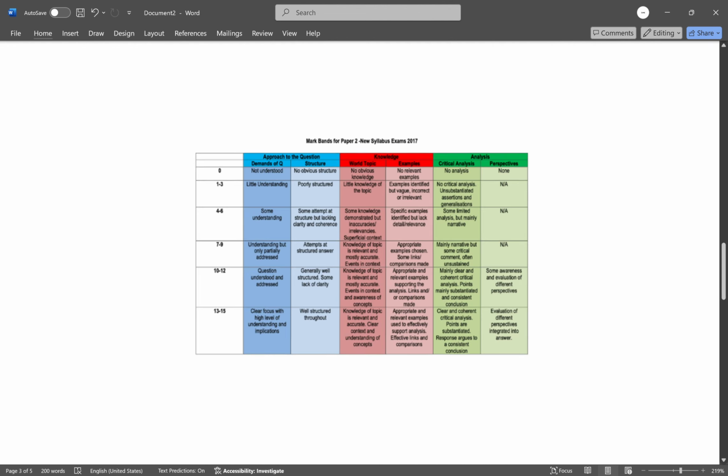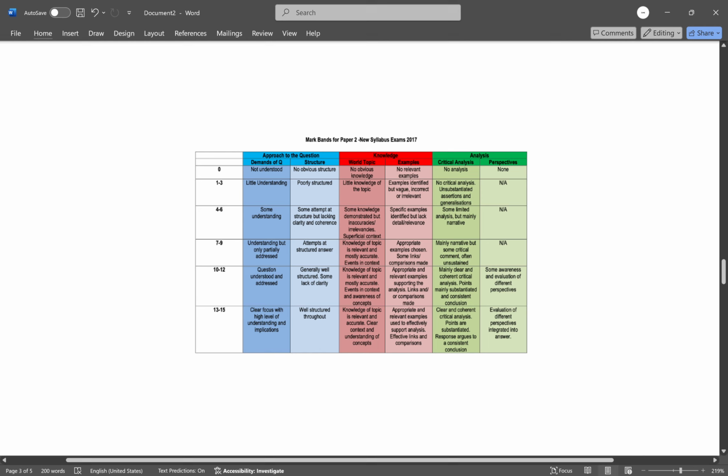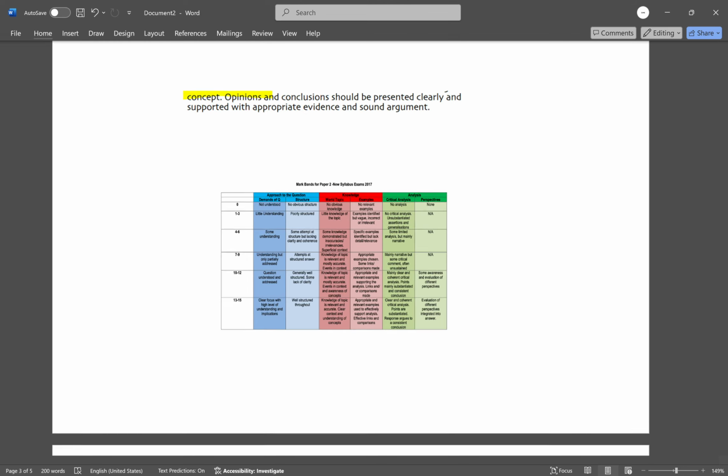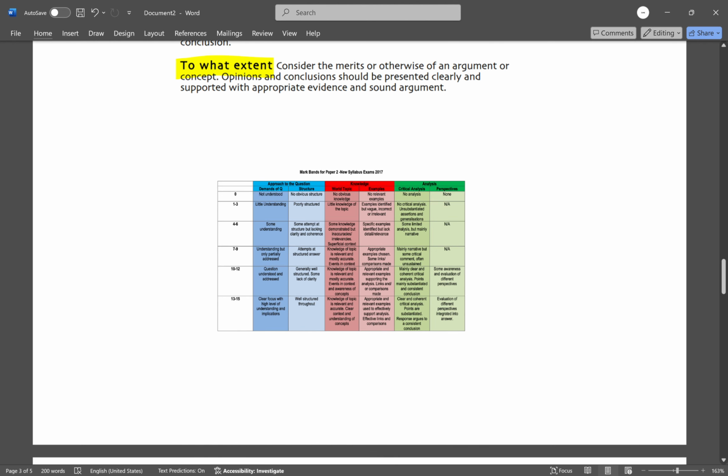And then here is the mark scheme and the mark bands for paper 2, which will help you, and you have to aim for the 13 to 15 for paper 2 to get a 7, but for paper 3 it is 12 out of 15 and above for a 7.